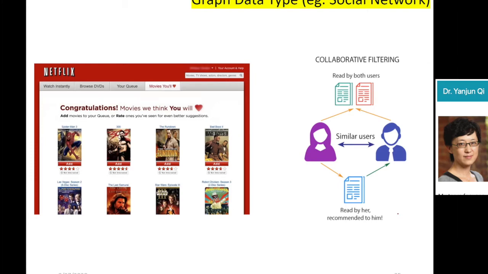Those users have similar tastes, those users, maybe your friends, have similar profiles, and how to model this type of graph data is also a very big topic. You can categorize the whole of machine learning according to whether it is tabular data, sequential language data, imaging data, or graph data. So this gives you a very big categorization, and different venues in computer science focus on different data types.